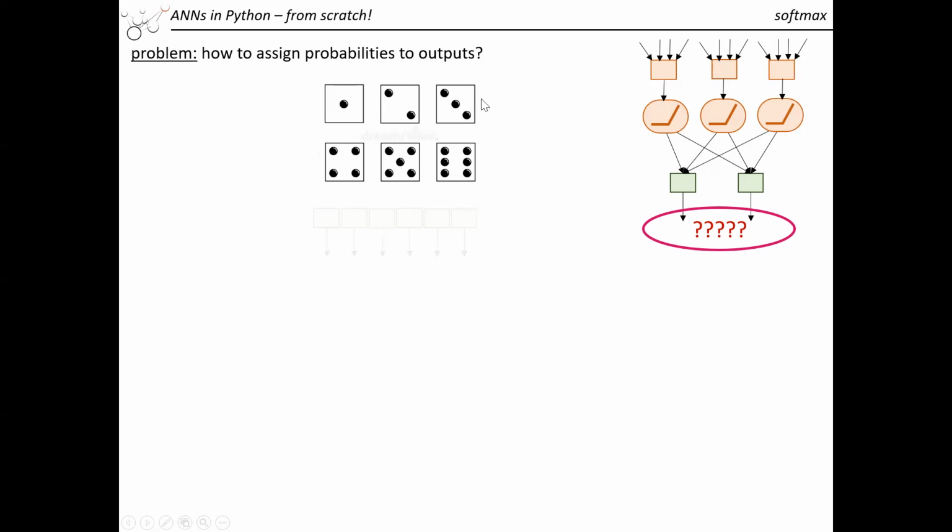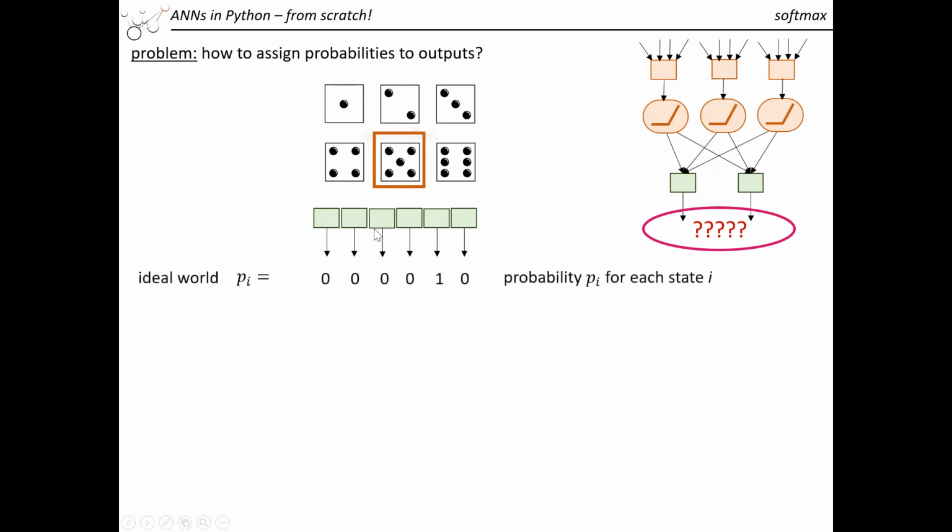So for example, in an ideal world, we would get the following. So we have 6 output neurons because we have 6 different categories. And for example, if our state is 5, then all neurons should say 0 except the one which is responsible for this particular state, which is 5.